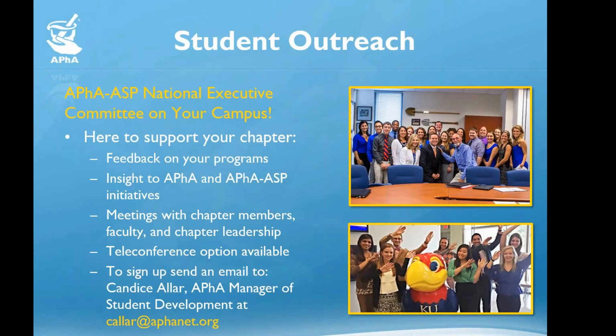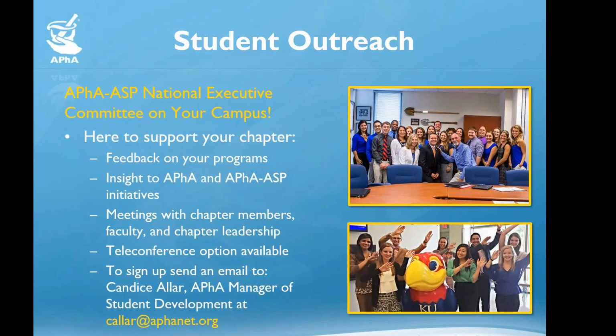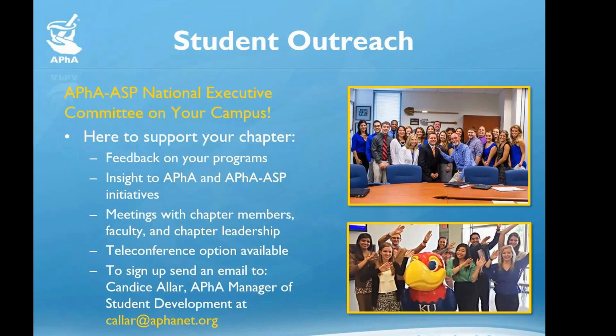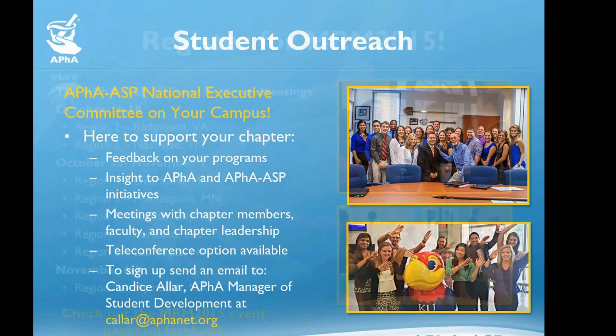If we're not, we may be the next fall or the following fall. But if your chapter is up for a visit this year, if you are eligible and you didn't get a chance to complete the poll online to schedule a visit, my contact information is on there. Please email me this week if you can, and we can get you into our schedule so we can plan a visit to your chapter.